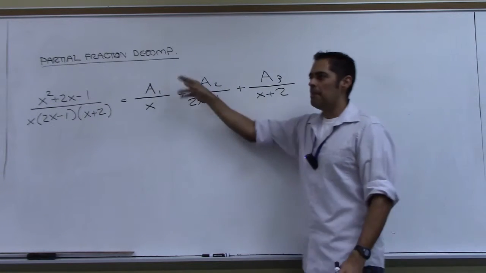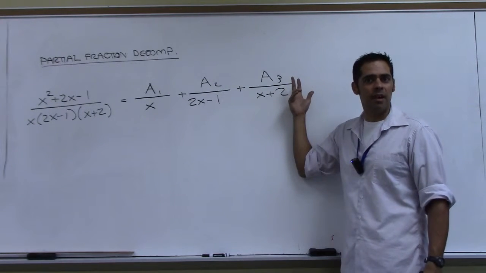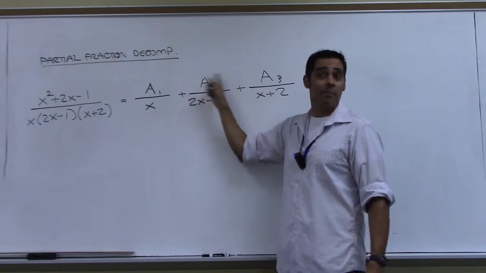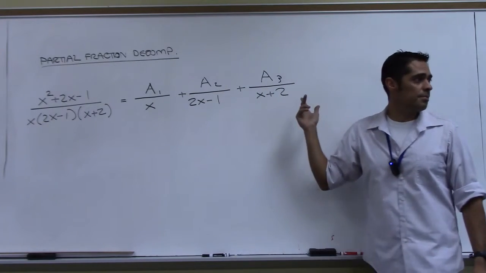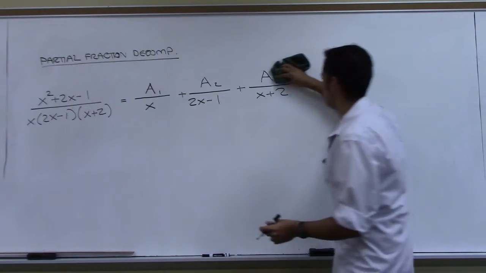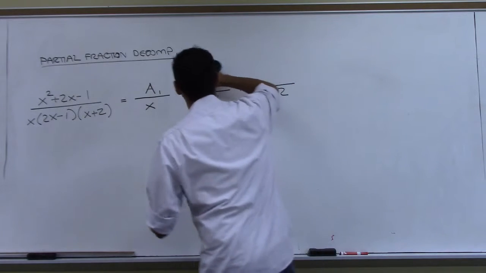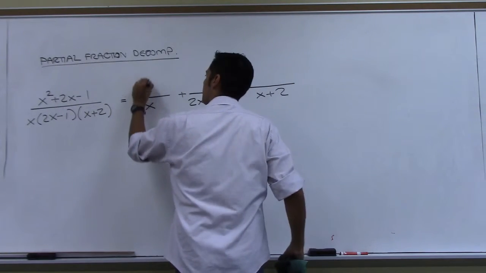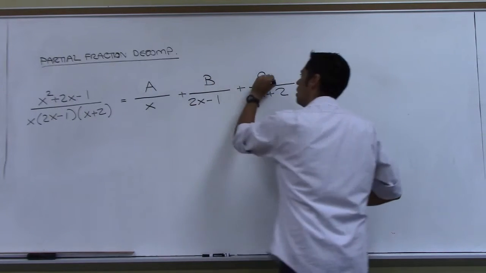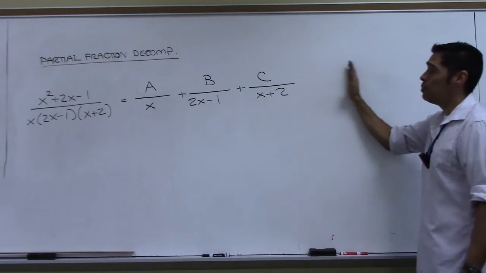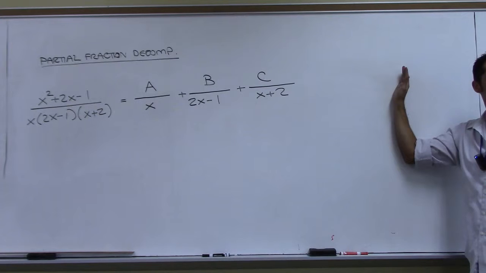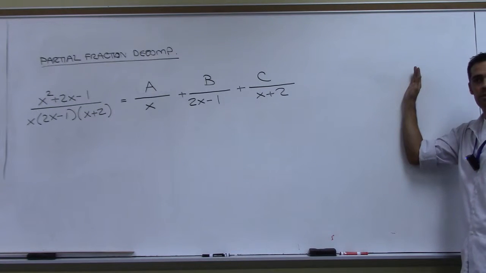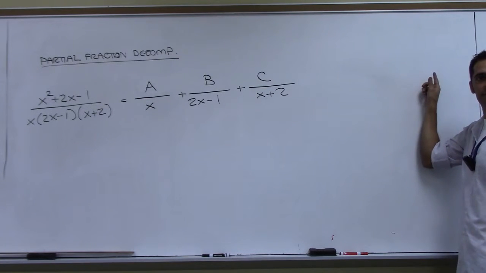Then you couldn't do A, B, C, D because you'd run out of letters, right? But you could do subscripts and you'd never run out of subscripts. That's why we use subscripts in math all the time, because we never run out of them. But for this class, A, B, and C are going to work. The highest we'll ever go is E, maybe F. So we might have A, B, C, D, E, F to figure out.